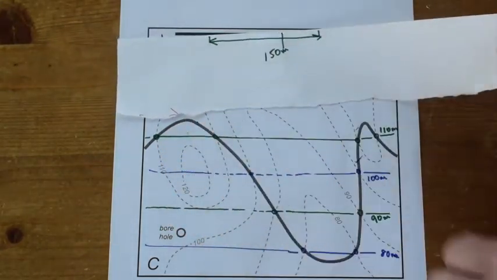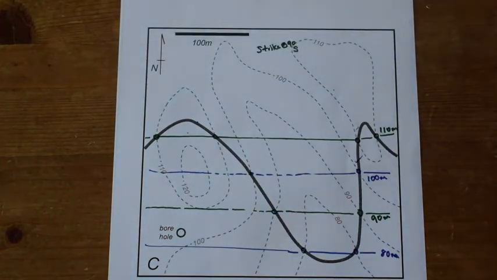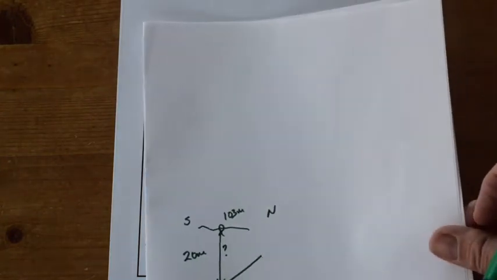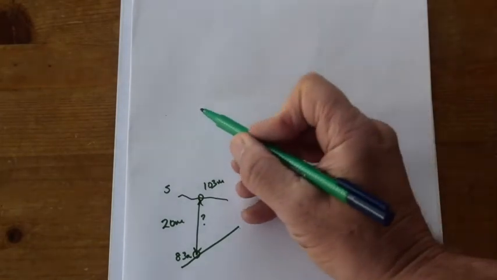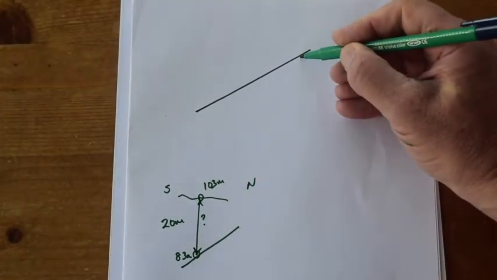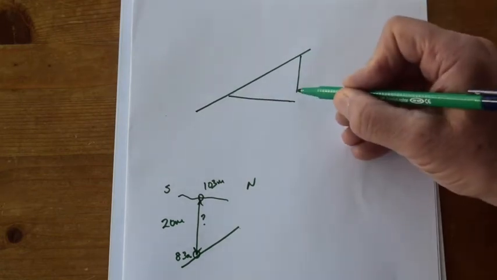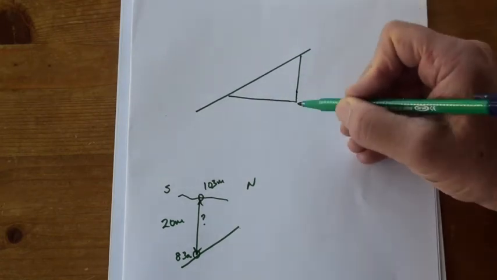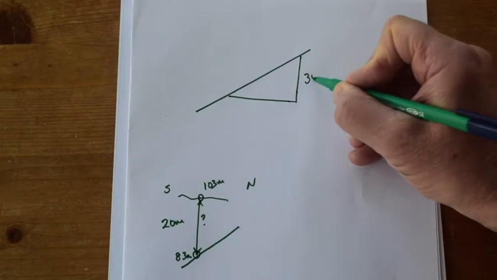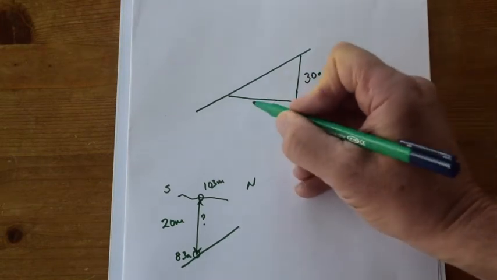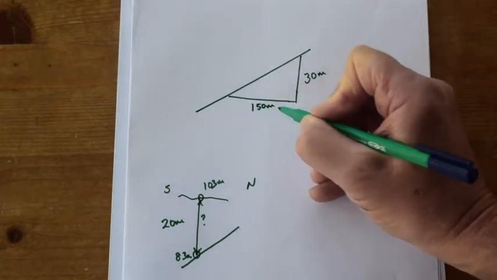So let's take this information and draw up our trigonometry. What we're saying is that the surface is going down like this. It changes elevation from 110 to 80, so that's 30 metres elevation change over a distance of 150 metres.